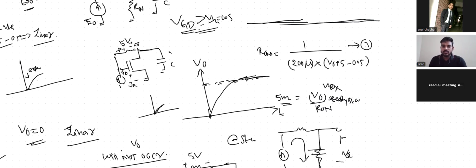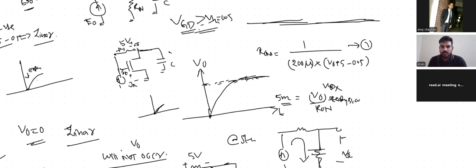R1 is not fixed, so for the time constant I think I have to take the initial R1, the starting R1, at t equal to 0. Which time constant are you defining then?